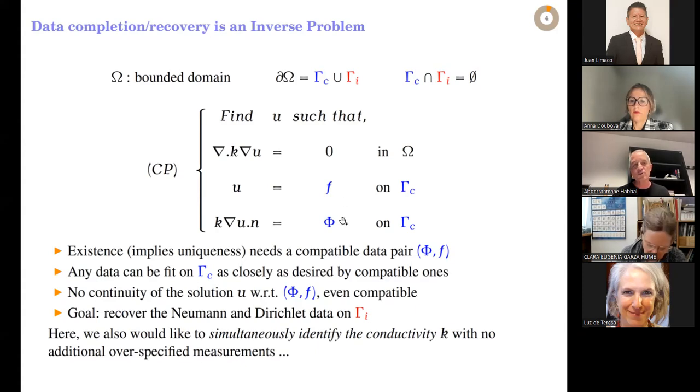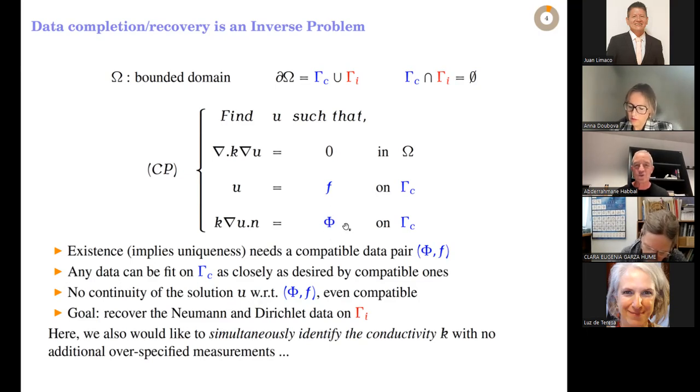There is also an interesting behavior: existence implies uniqueness, thanks to a family of unique continuation properties. And this existence, and so uniqueness, happens only for specific pairs of F and phi, which are called compatible data.